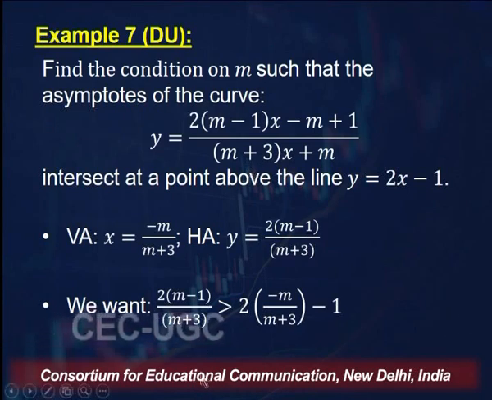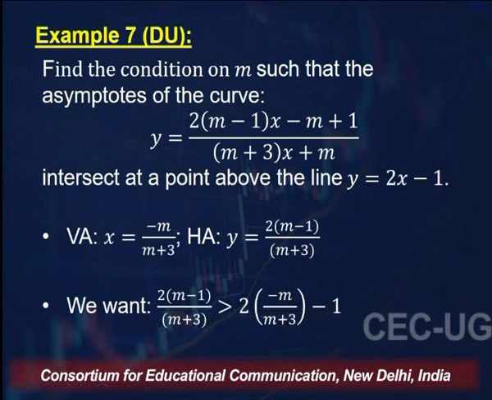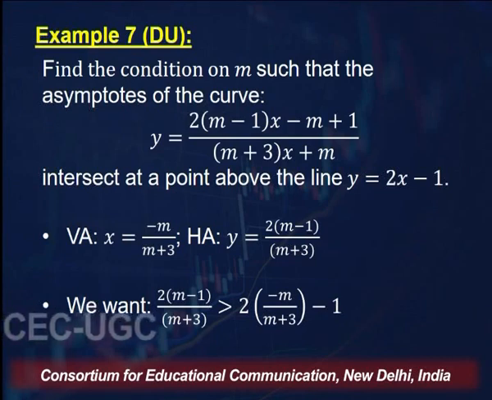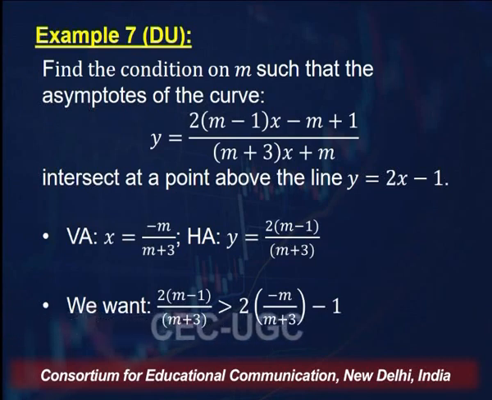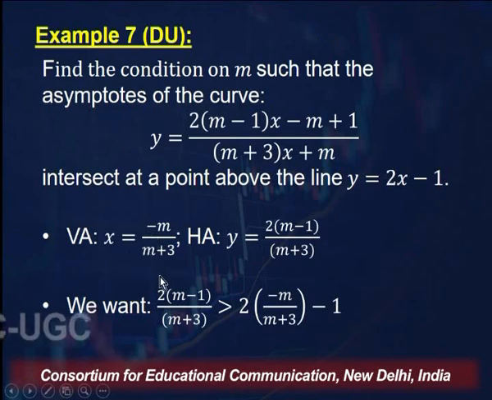And then the question is asking what will be the conditions on m such that the two asymptotes, the vertical asymptote and the horizontal asymptote, intersect above the line y equal to 2x minus 1. Our x here is minus m upon m plus 3.